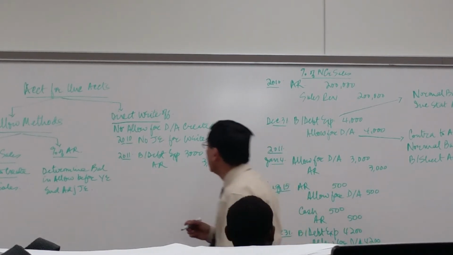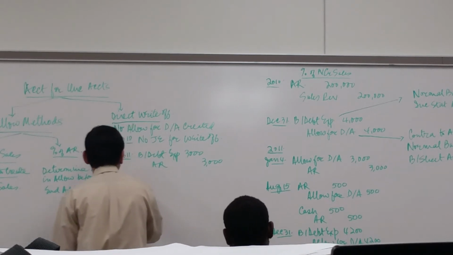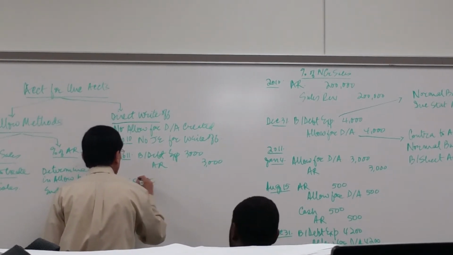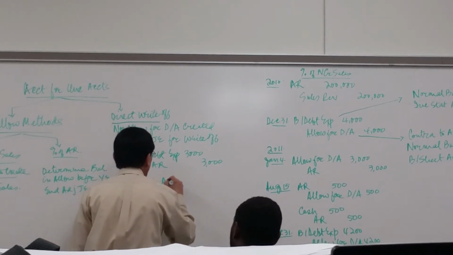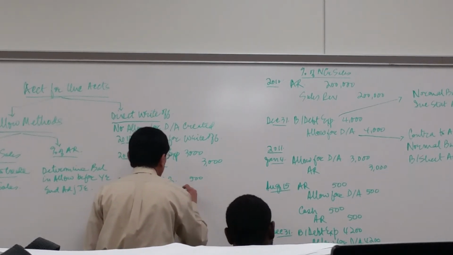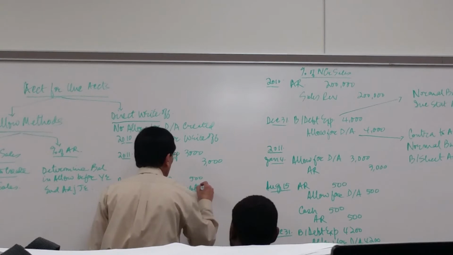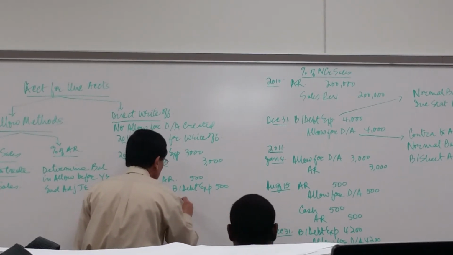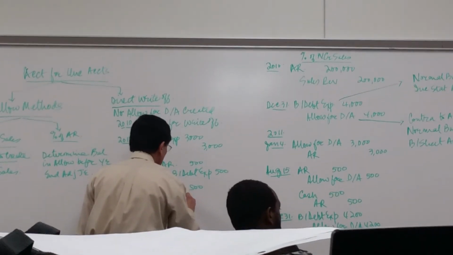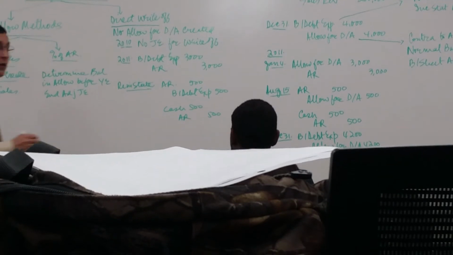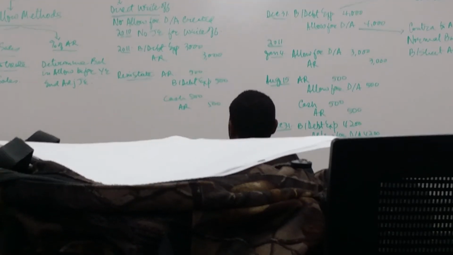If you reinstate a receivable, you'll debit AR for 500, credit bad debt expense 500, and then debit cash 500, credit AR 500. No allowance is created.